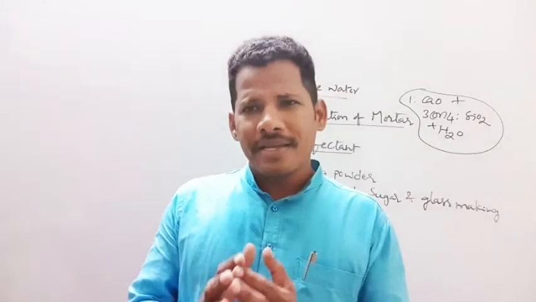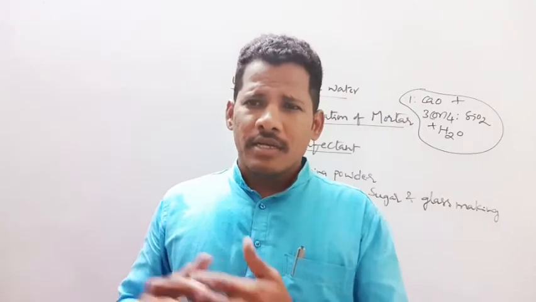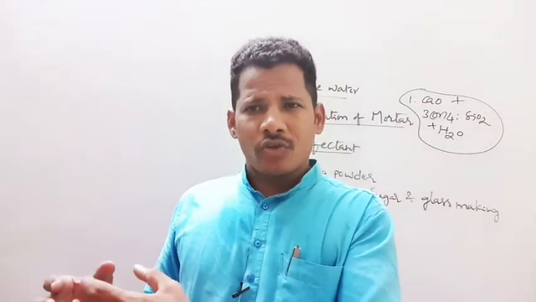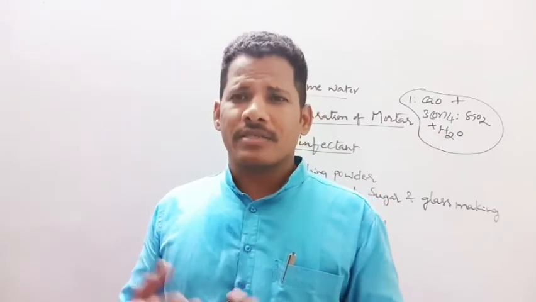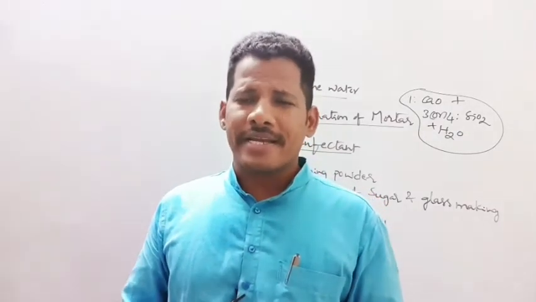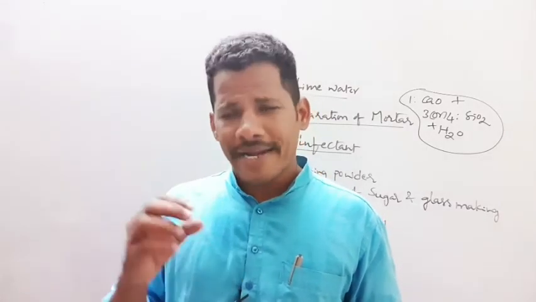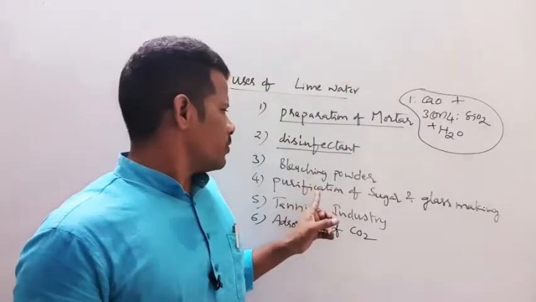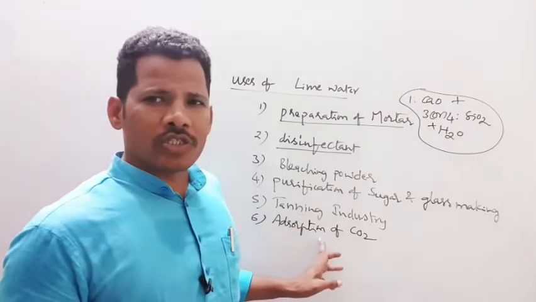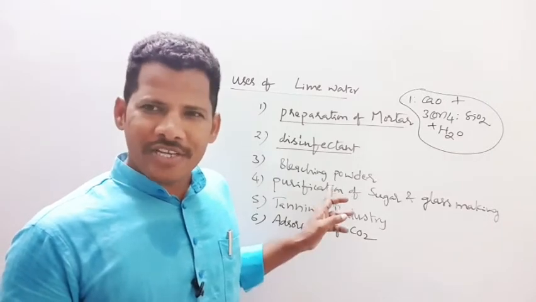Similarly, in a sugar industry, glucose or fructose are heated, and on heating carbon dioxide is evolved because carbon undergoes combustion. That carbon dioxide is absorbed by the addition of lime water or quicklime. So it is used for absorption of carbon dioxide and also in purification of sugar.